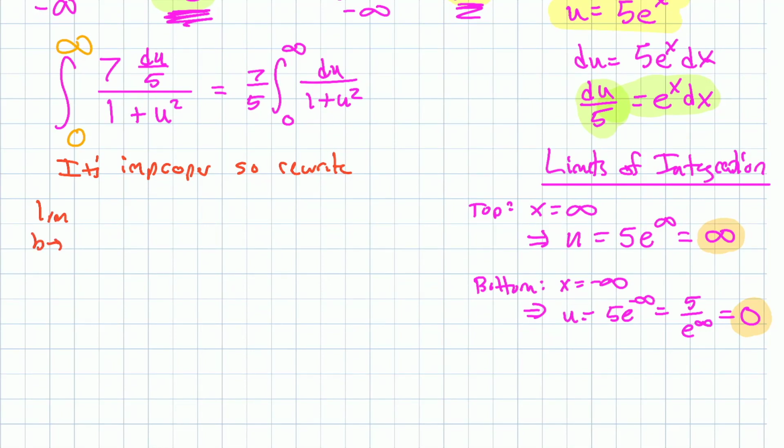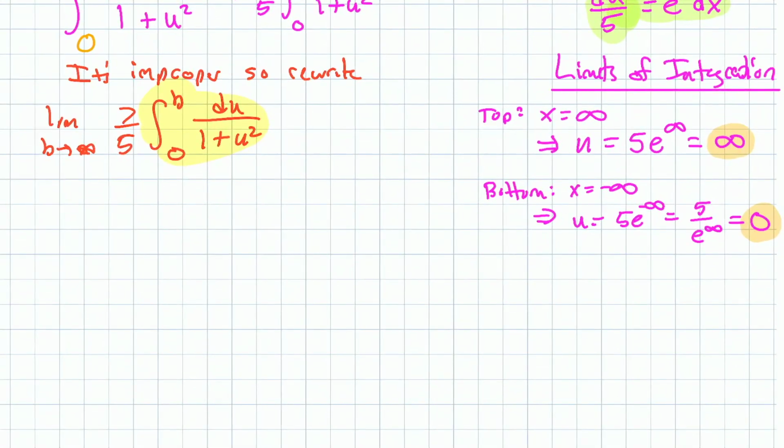Limit as b goes to infinity of 7 over 5 integral 0 to b du over 1 plus u squared. Okay, now you should recognize this. You need to recognize this integral. This integral is going to give you an inverse tangent.